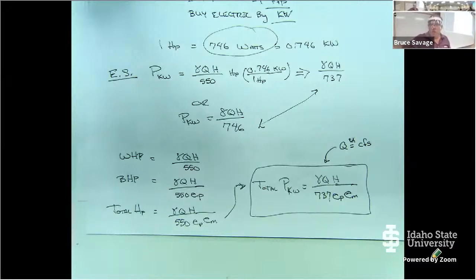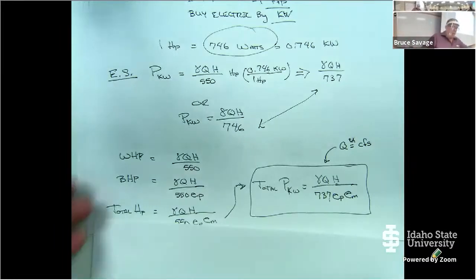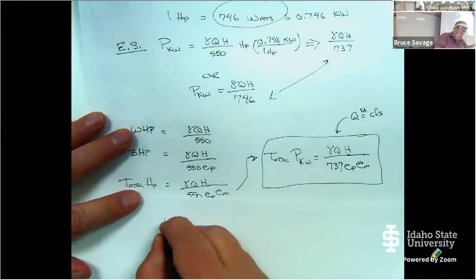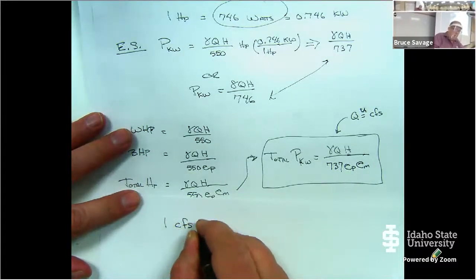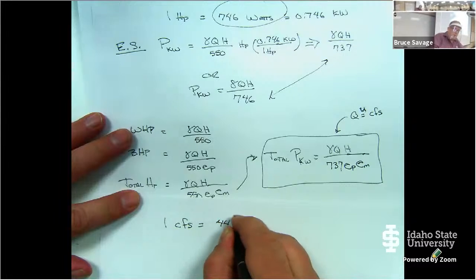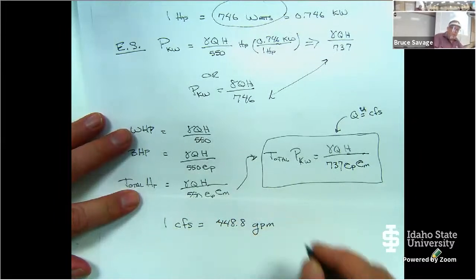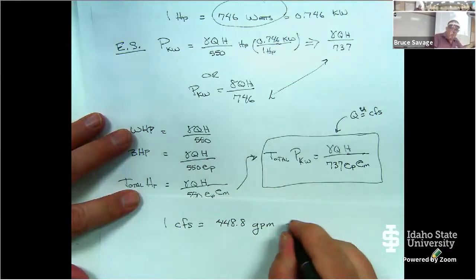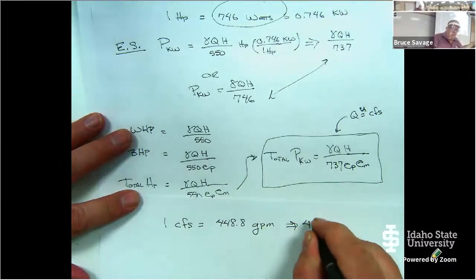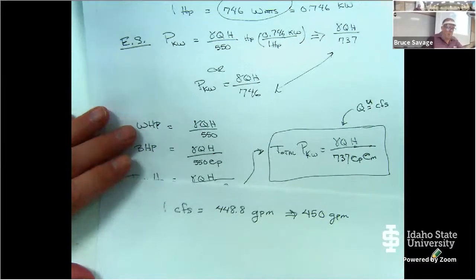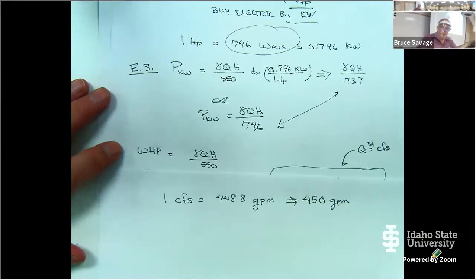I would note that in 1 cubic foot per second, there are 448.8 gallons per minute. And a lot of times we just say 450 gallons per minute, depending upon how accurate you want to be.